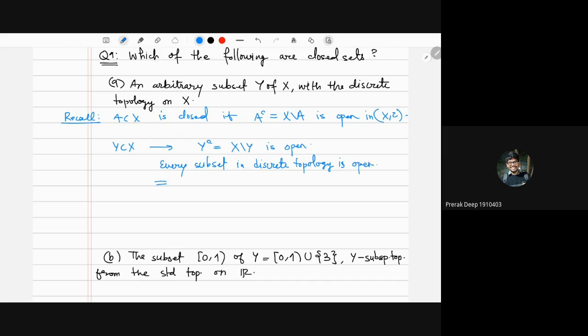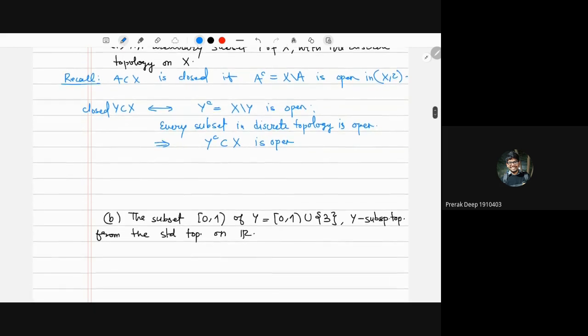So Y complement, which is a subset of X, is also open. Saying Y is closed is equivalent to saying its complement is open, and we know it is open, so it is true.